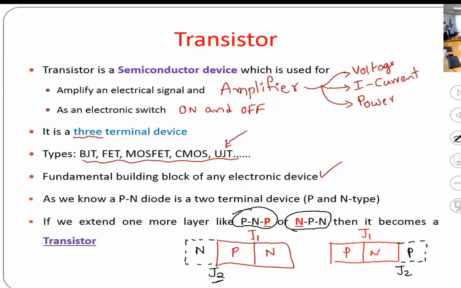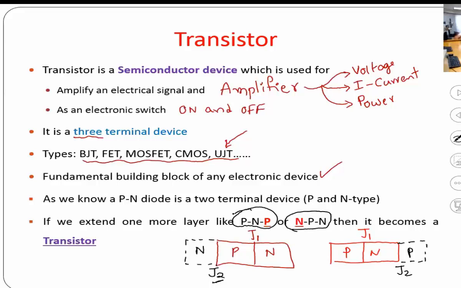One good example is the CMOS. Remember the CMOS I mentioned before? Complementary. Complementary means opposite. That's what complementary means. Opposite to one. Like if you have positive, its complementary is negative. So CMOS, which is complementary MOSFET, is a combination of PNP and NPN.